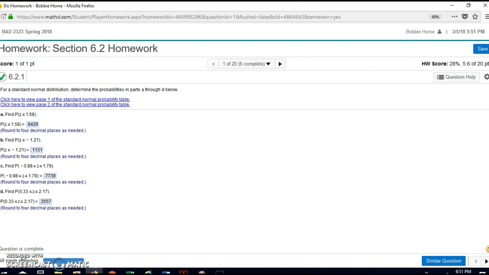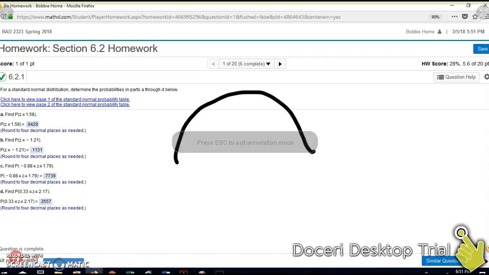Okay, I'm going to show you how to do these probabilities by hand, well, by using a table. When we have a probability, for example, the probability that z is less than or equal to 1.58 in a normal distribution, the mean is going to be right here.